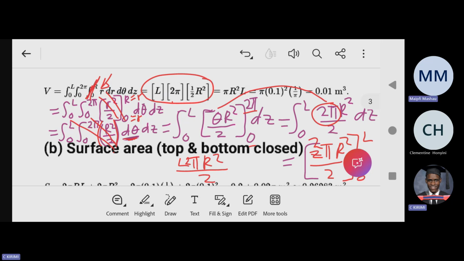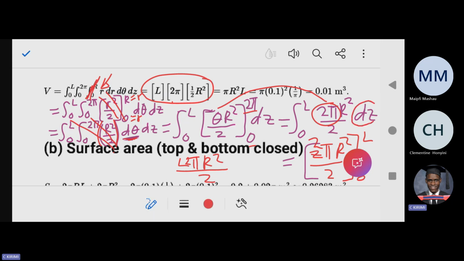And once you have put 2 pi R squared, now you integrate with respect to Z. After you have integrated with respect to this Z, then you add a Z because pi R squared over 2 is a constant. Like that.